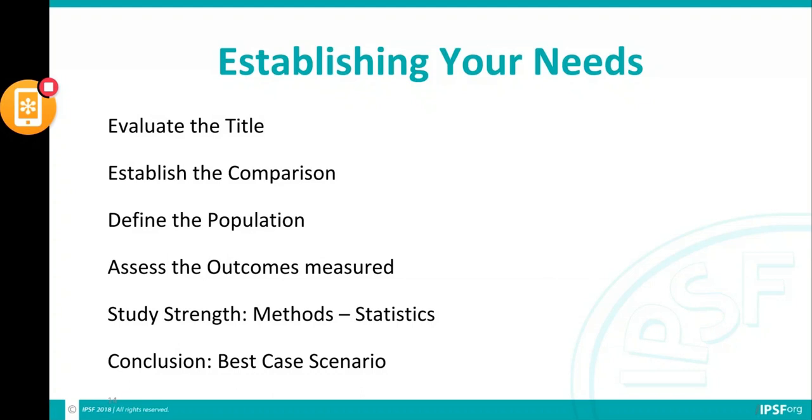So you want to make sure that the methods are strong, reproducible, and relevant, as well as the statistics. There's a lot of different statistical components that go into evaluating an article, and that could be its own webinar in itself. But there's statistics that come into developing a population size you want to study, as well as when analyzing outcomes.